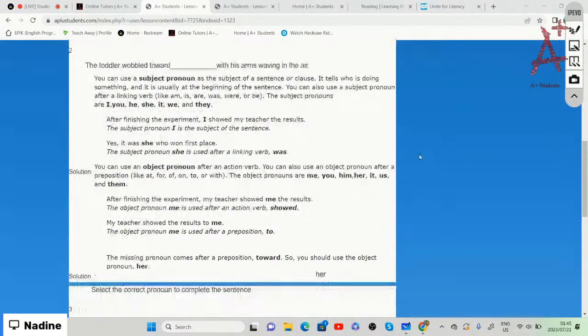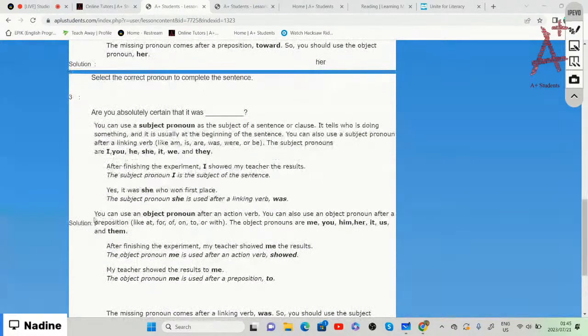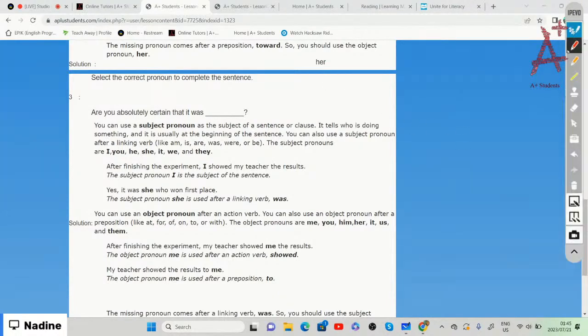All right, so last one. Are you absolutely certain that it was, we need to choose a pronoun, either him or she, right? We need to choose the best possible pronoun.